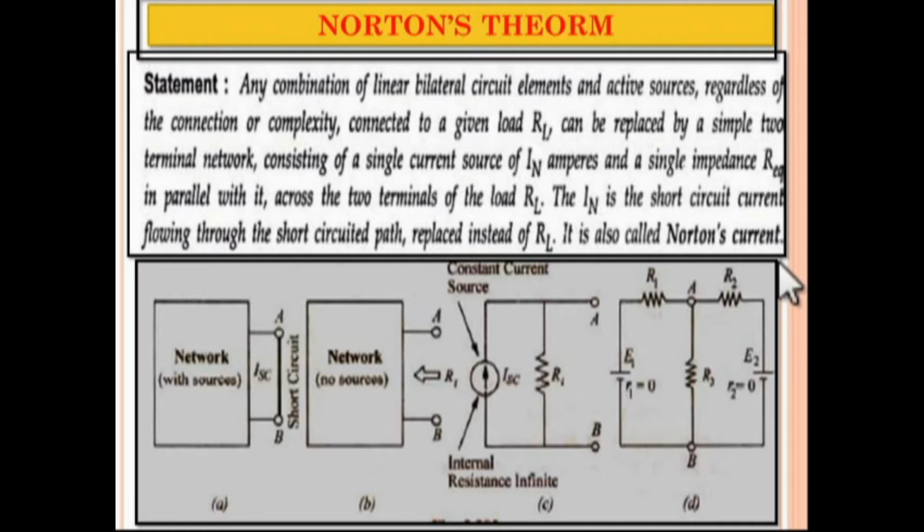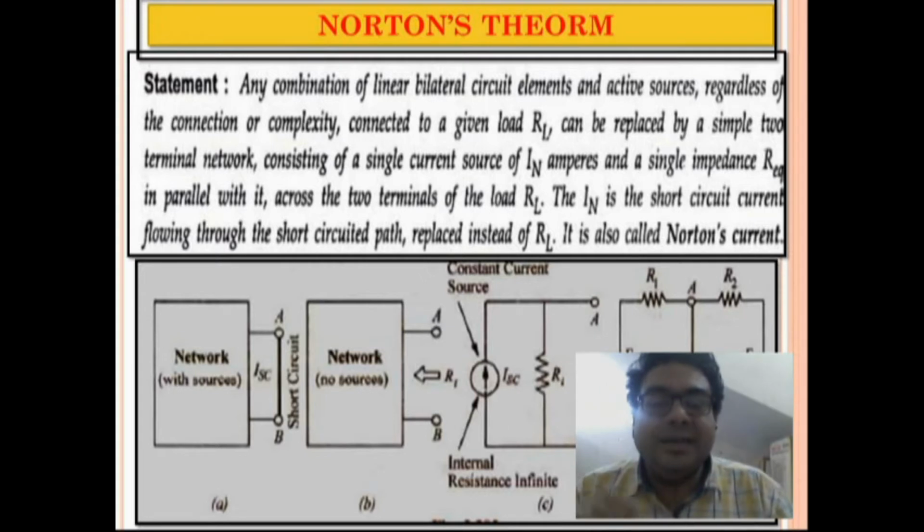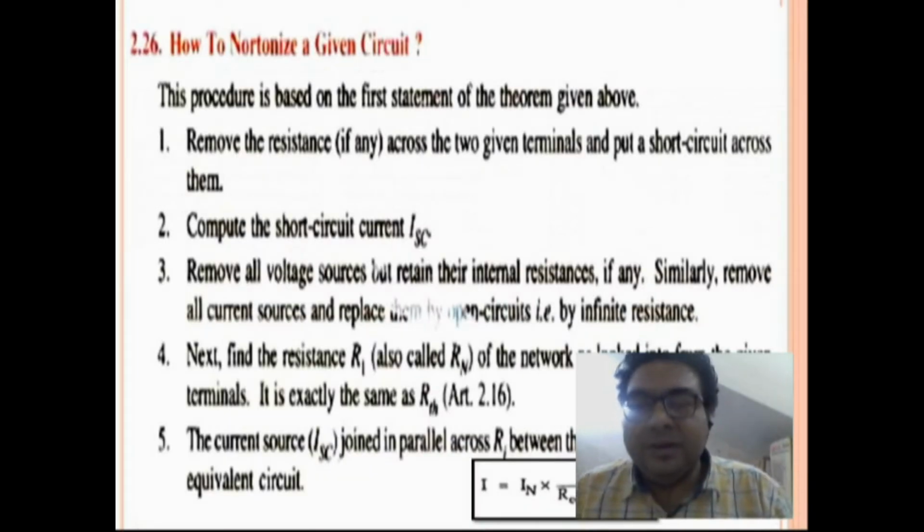So first off, before solving any numerical, we will see the different steps of solving Norton's theorem. How to Nortonize a given circuit? This is the procedure. The first one is there will be a load resistance.